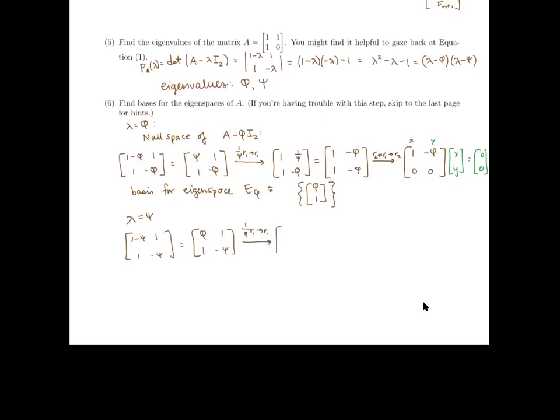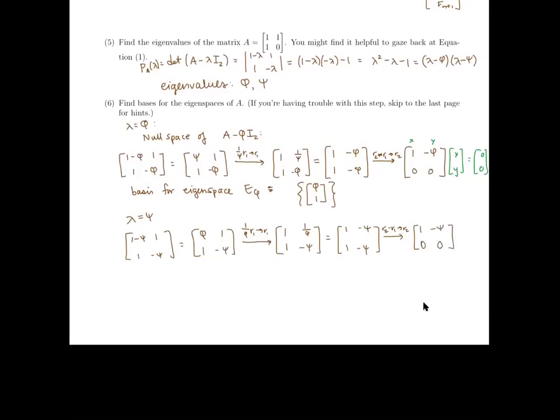And we get 1 over phi, 1 negative c. We know that 1 over phi is negative c. So this is now equal to 1 negative c. And when we row reduce this thing, same moves as before, row 2 minus row 1 to row 2, we're going to get 1 negative c, 0, 0.